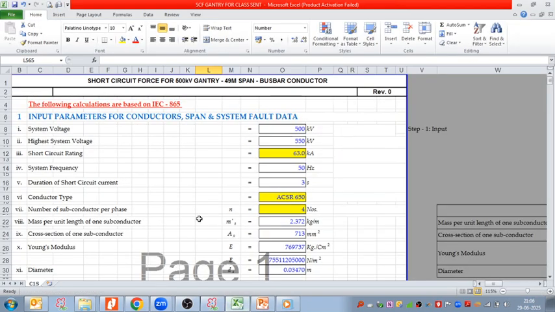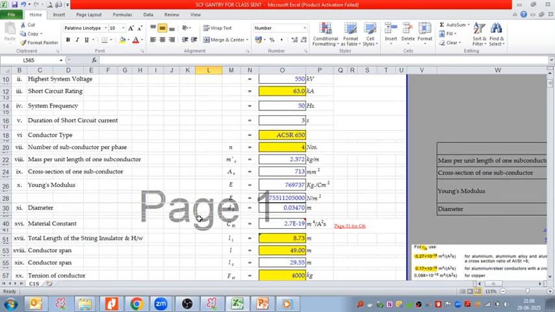So we are going to follow this Excel, and whenever you work in a company, you will get this Excel template. Each company that works in the substation or in T&D has its own design Excel sheets. So when you work in a company, you will get this kind of template.